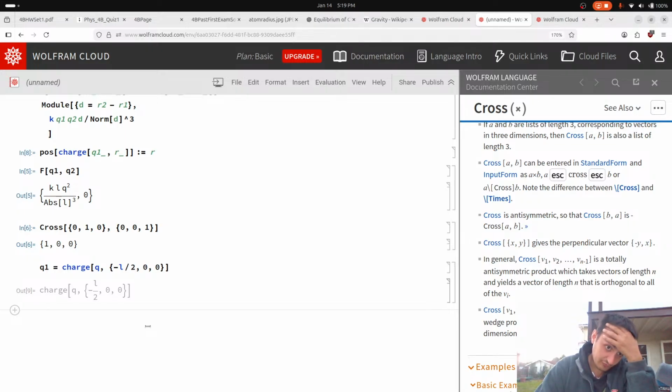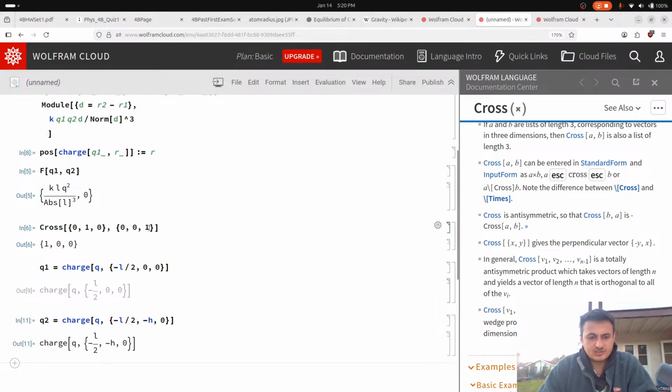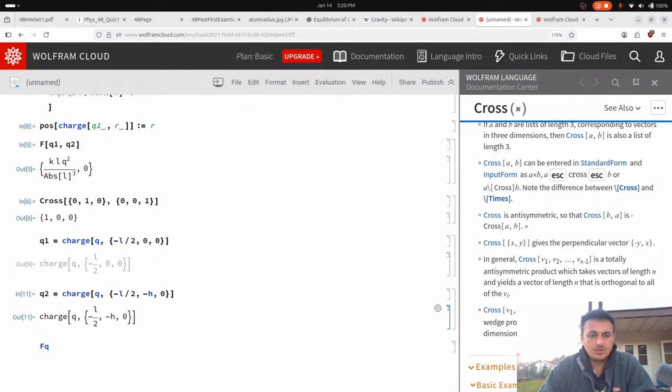All right, so now we need the force between the charges, so let's make the second charge. Charge Q as well, let's just make it simple. This is going to be minus L over 2 minus H, 0. There's no Z component. Now we have F of Q2 on Q1.